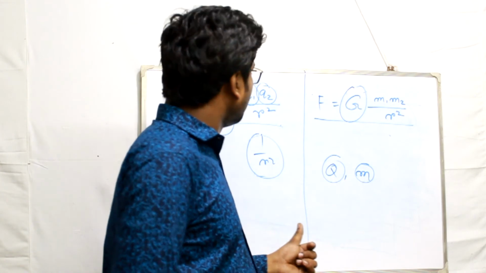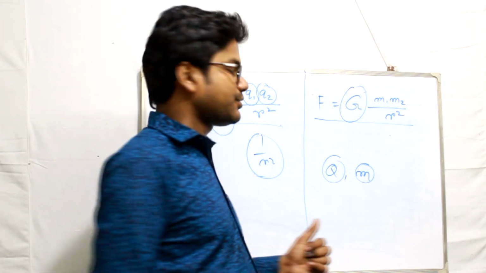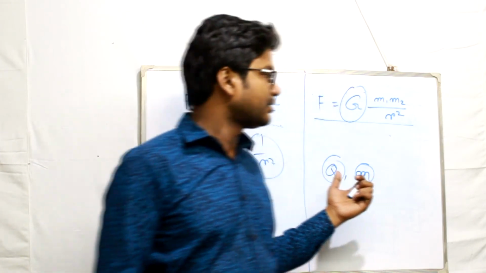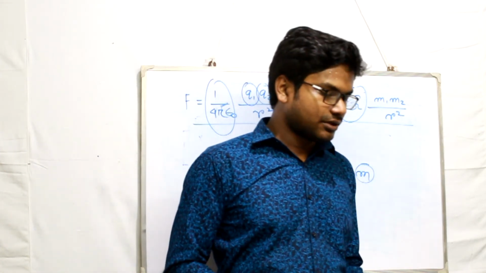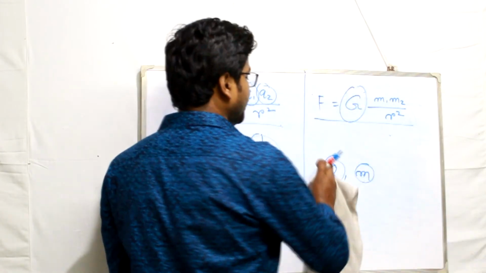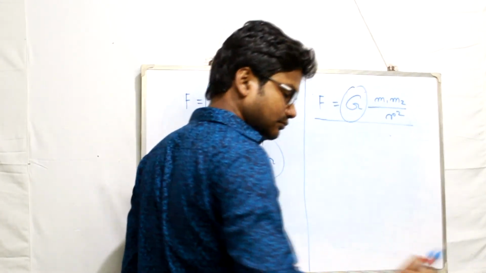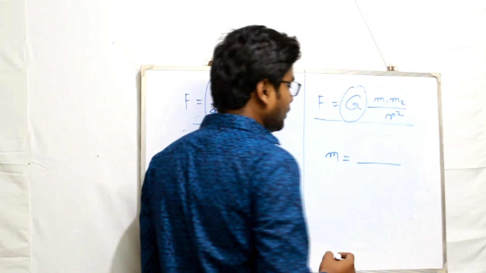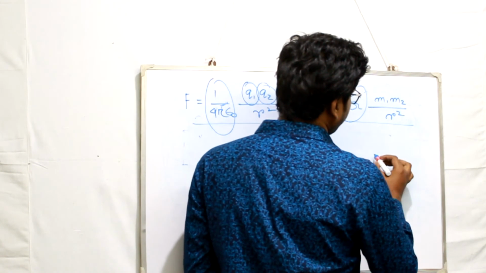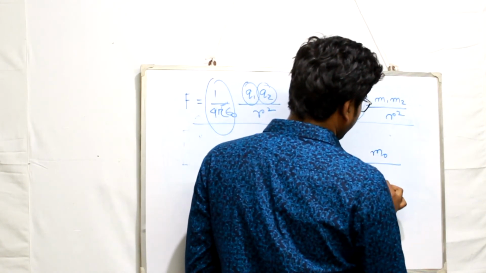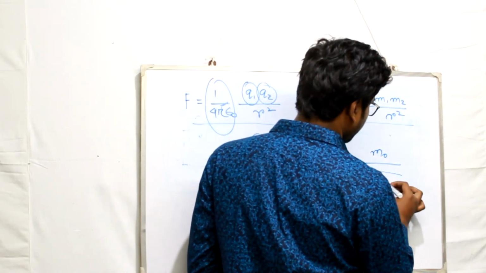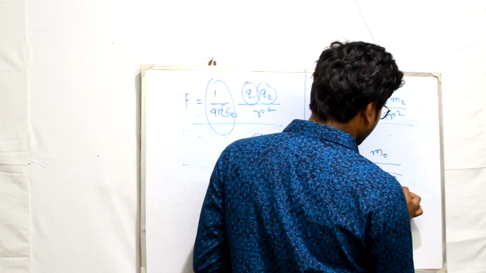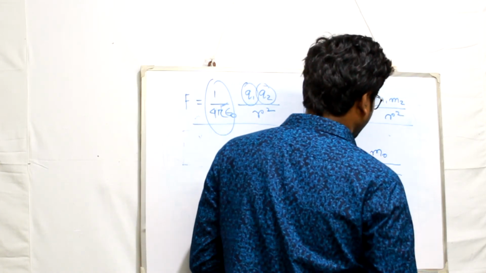Now, regarding constants, the value of K is actually constant, but the value of M is not actually a constant quantity, because in special theory of relativity, M equals M0 divided by the square root of 1 minus V square by C square.